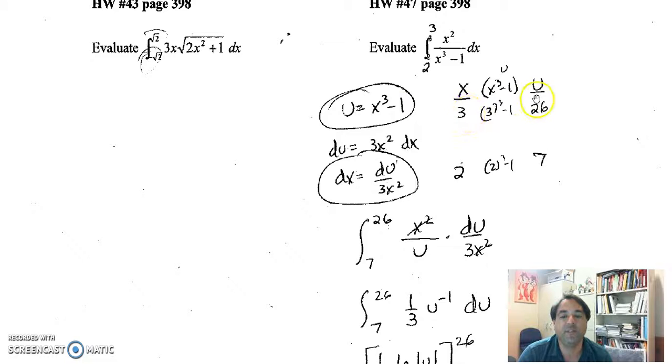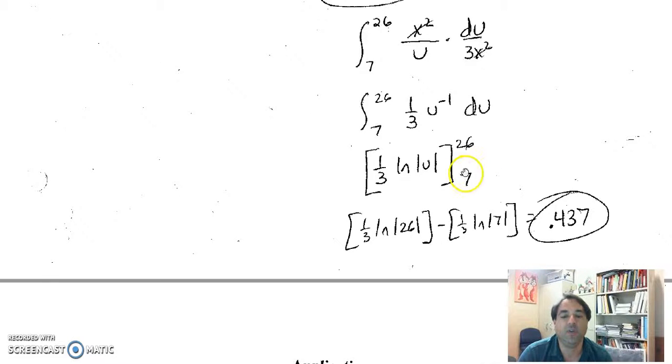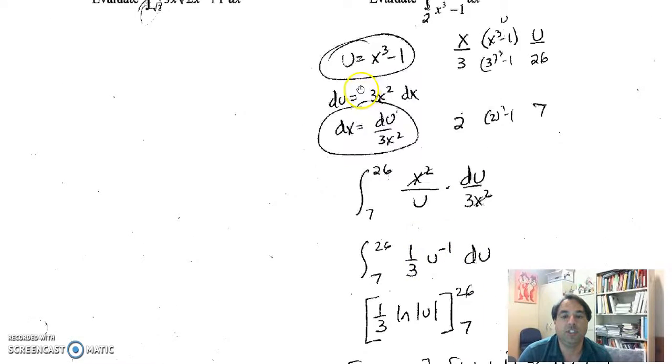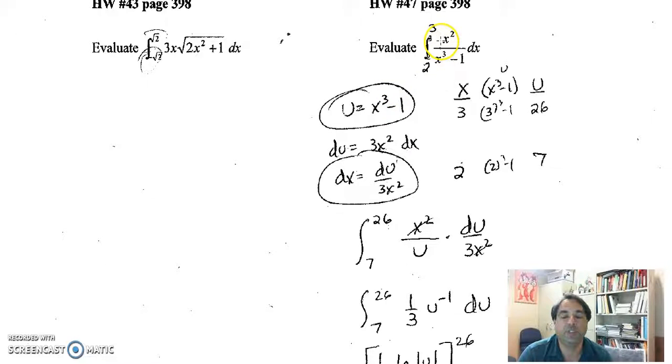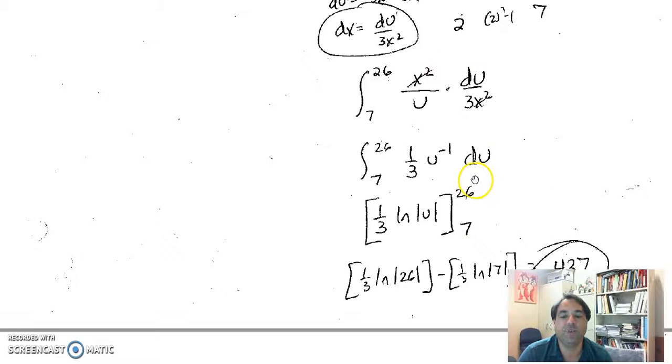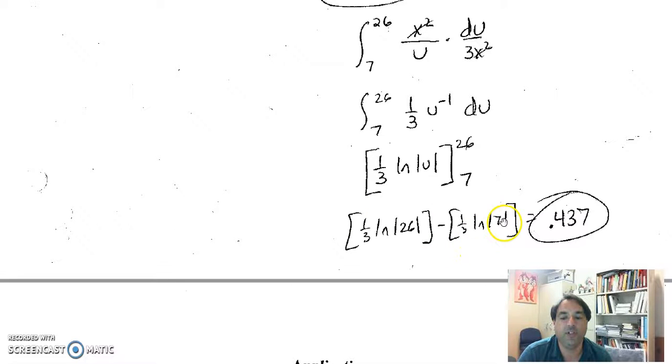So x is 3, but in terms of u it is 26. So if we're going to change the 2 to 3, which is an x, in terms of u, 7 to 26, then we don't have to go back to x. So we have 1/3 ln of 26 minus 1/3 ln absolute value of 7, and that gives us 0.437.